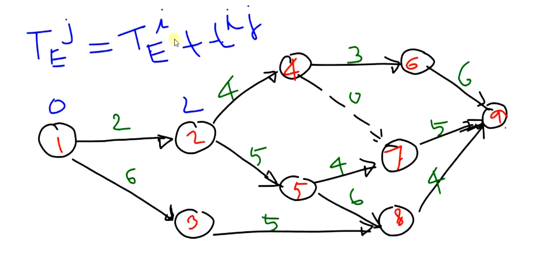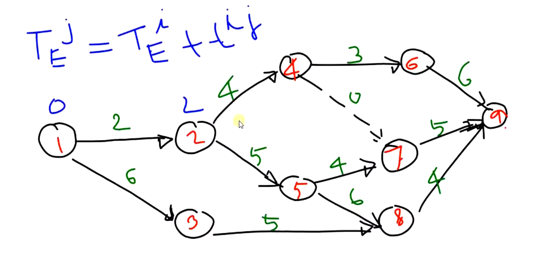In activity 1, 2, 2 is the head event and 1 is the tail event. So in this equation, TEI is the TE value of the tail event, plus TIJ, which is the duration of the activity IJ. For example, for activity 2, 4, the duration is 4.